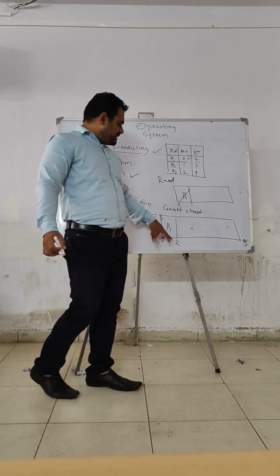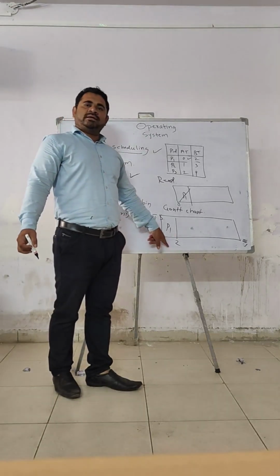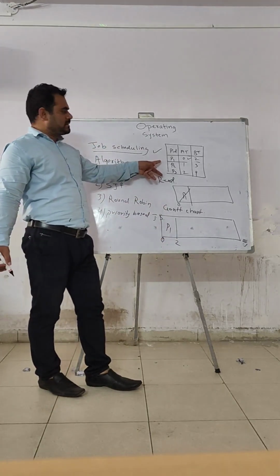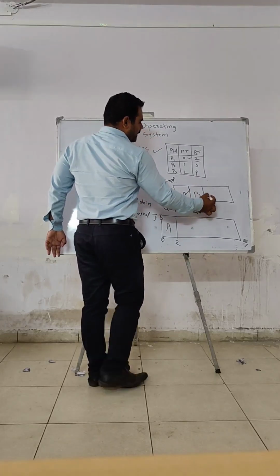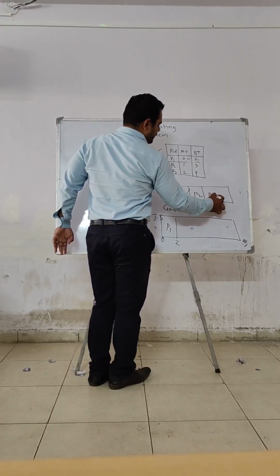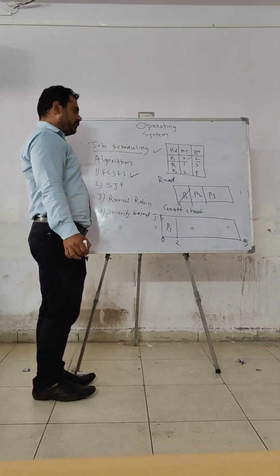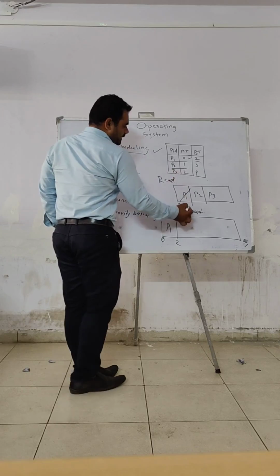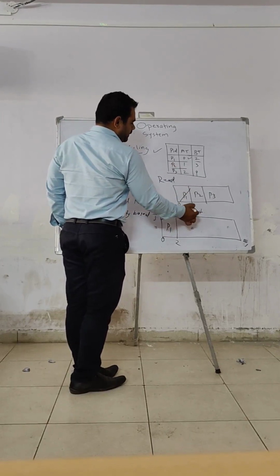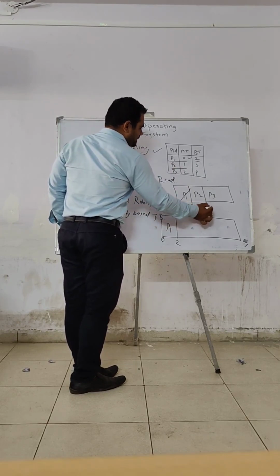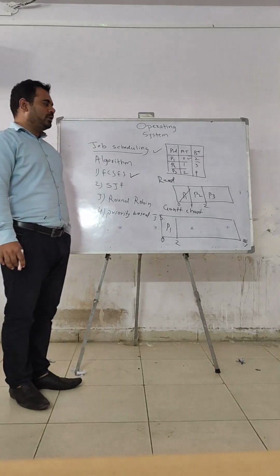In this time span of 0 to 2 millisecond, two processes, process P2 and process P3, come into the ready queue. Process P2 comes at 1 millisecond and process P3 comes at 2 millisecond into the ready queue.